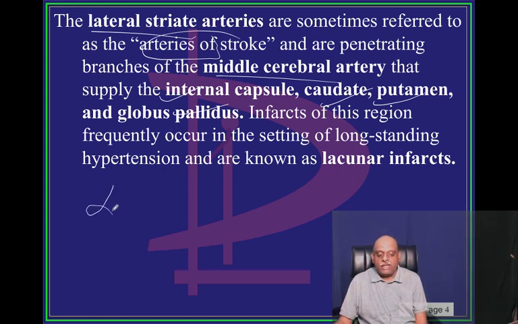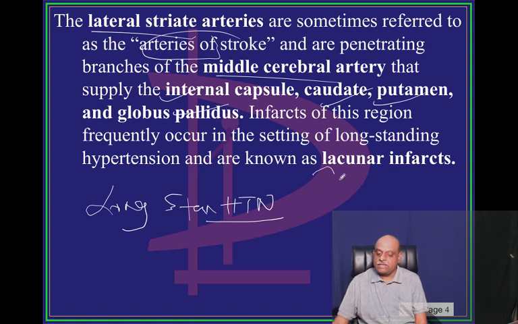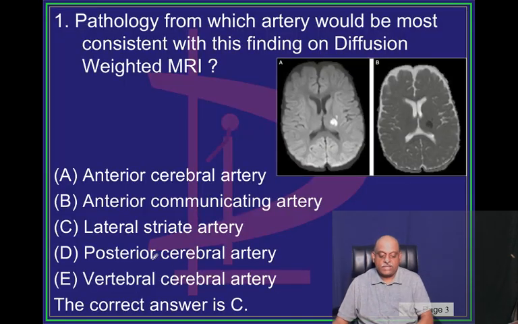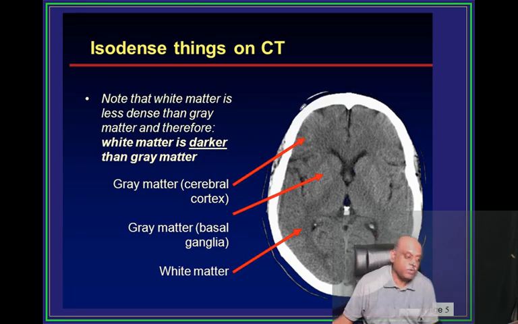Anyone who is having a long-standing hypertension is at great risk of developing these lacunar infarcts. So the answer is the lateral striate artery leading to this kind of lacunar infarct in the basal ganglia, is what you need to remember.